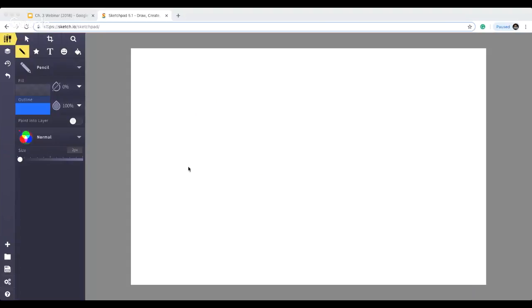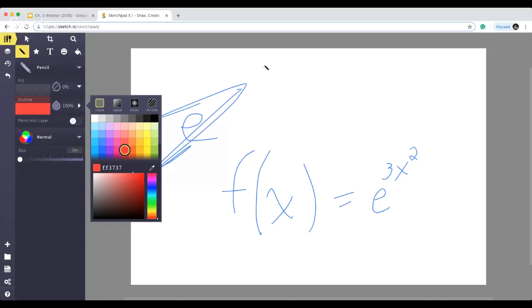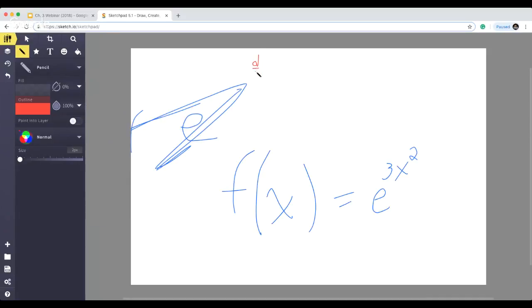Okay. Yeah, let's give an exponential chain rule explanation. All right. So say we have a function. That one stinks. Let's look at f of x equals e to the 3x squared. Now you're supposed to know as a fact that the derivative of e to the x is itself.